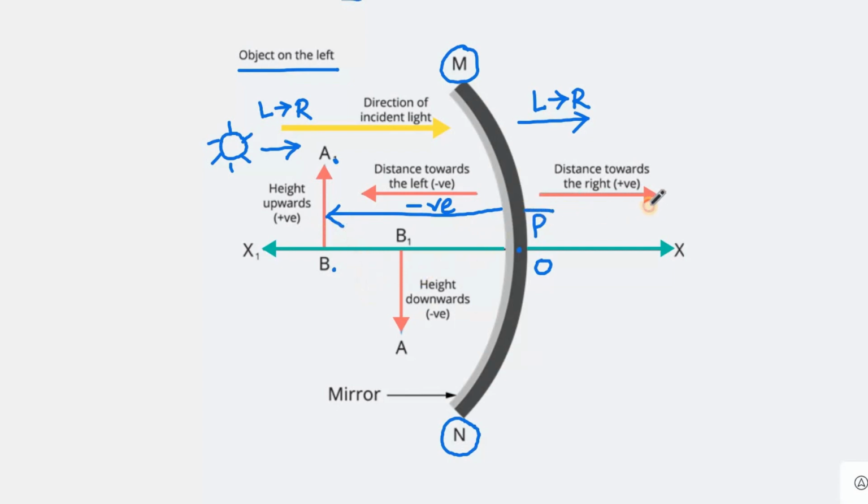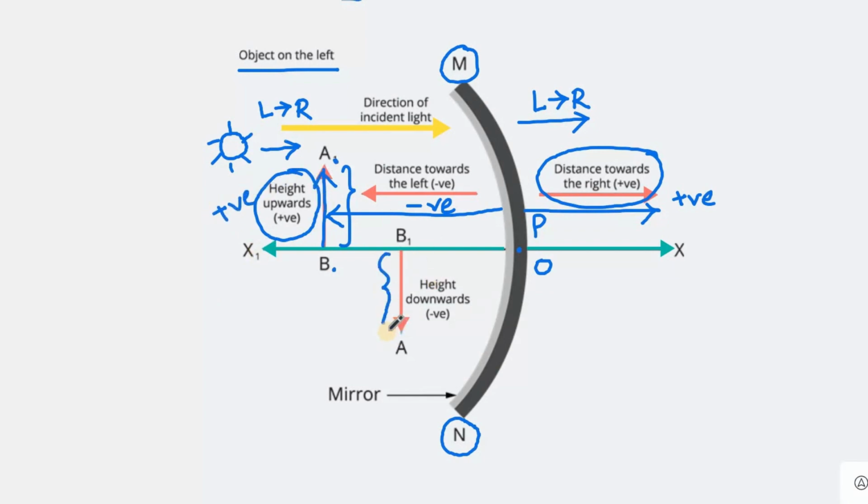Similarly, to measure any distance, if we travel from the pole or the optical center to the right, the distance is a positive quantity. Then, if any object is lying above the principal axis, the height is measured in the upward direction and it's a positive quantity. So any height measured upwards from the principal axis is always positive.